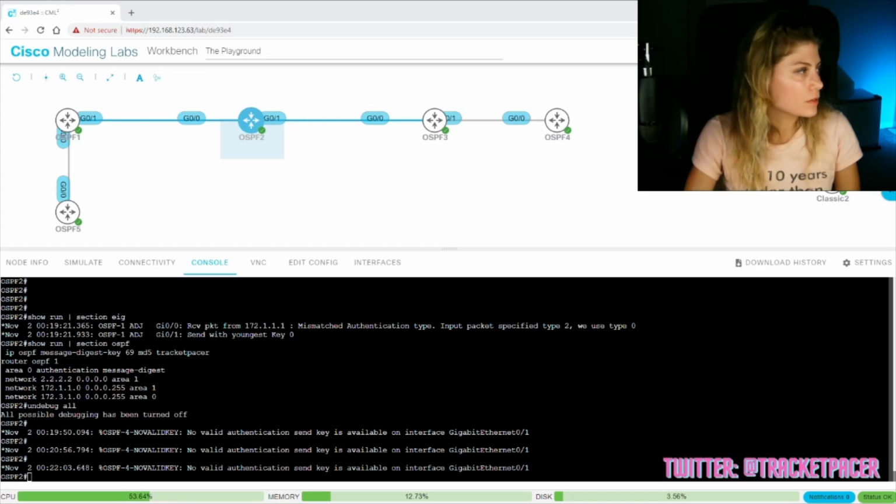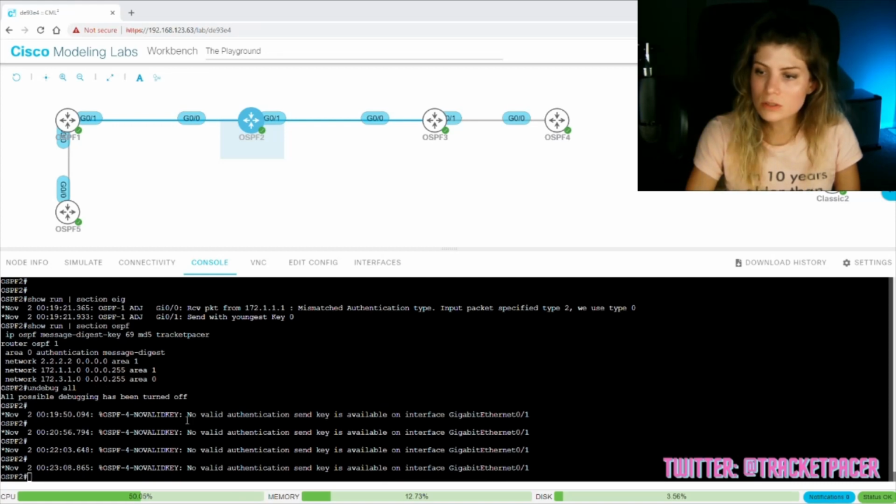So, okay, they have an example of an interface by interface authentication. Authentication message digest.